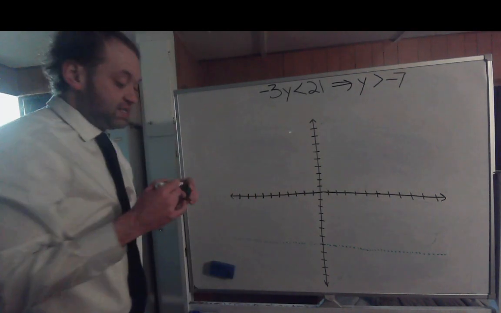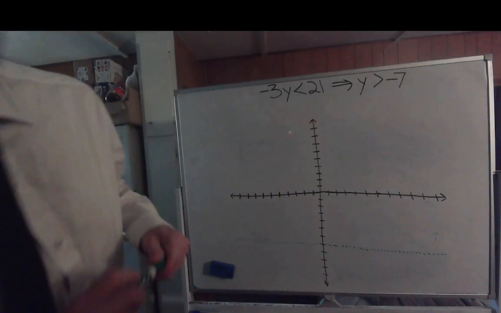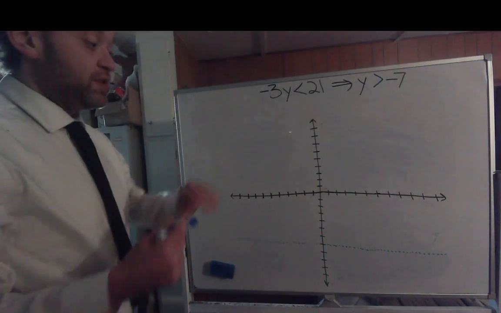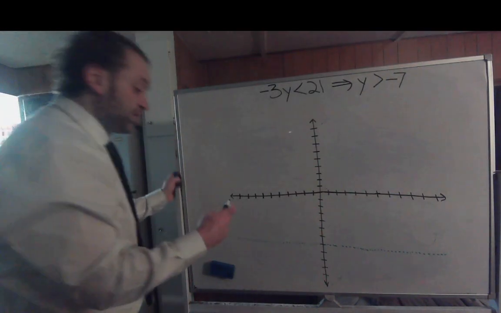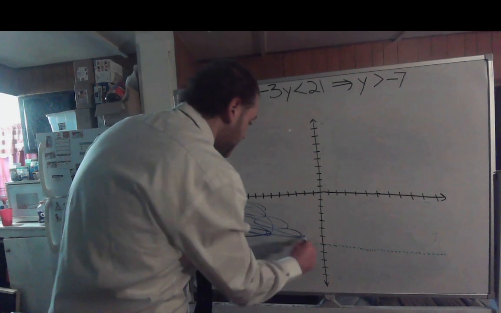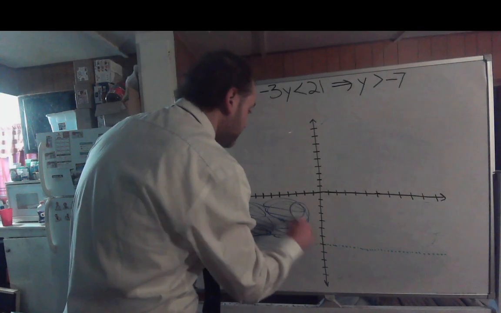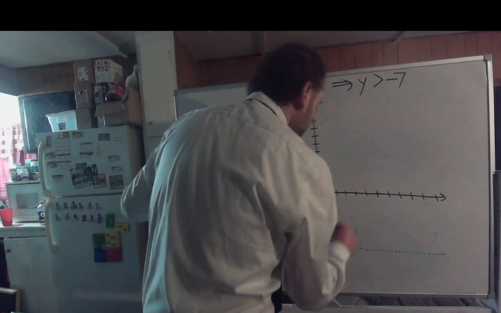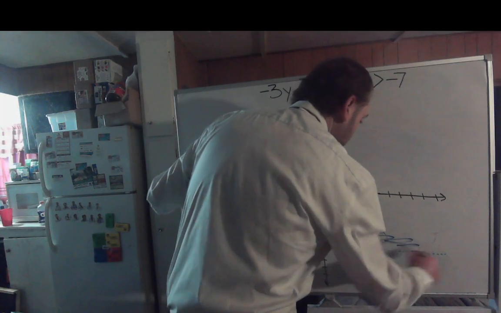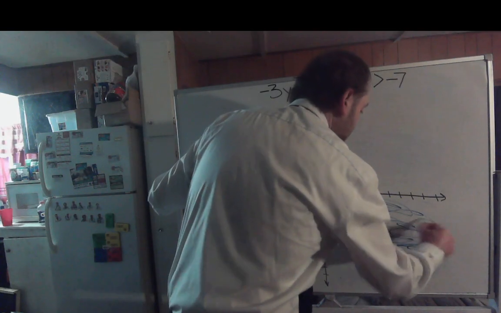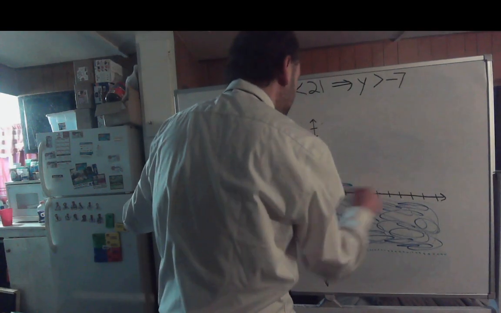All right, so there's my dotted line at y equals negative 7. Now, since it's greater than negative 7, I'm going to shade everything above it. This literally denotes everything above y equals negative 7 is the solution.